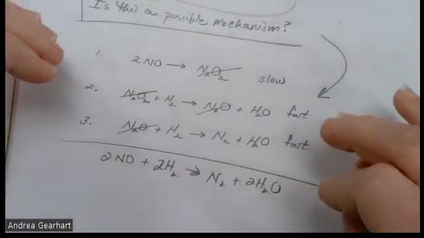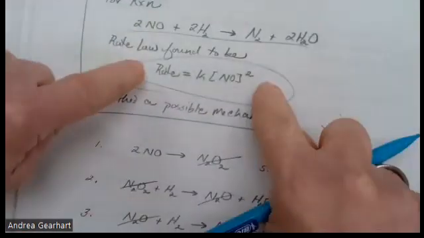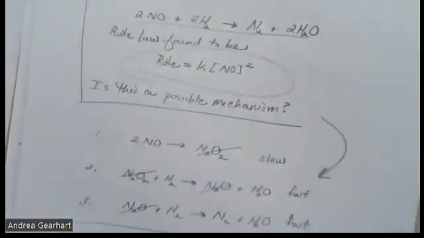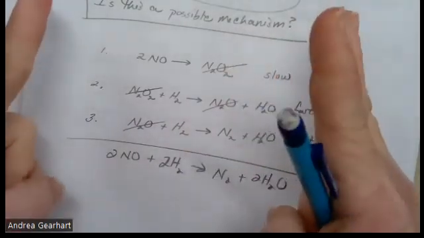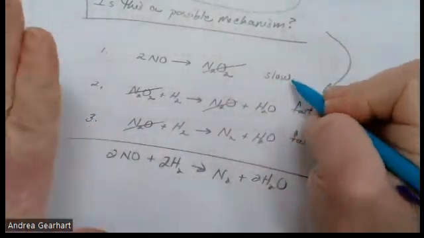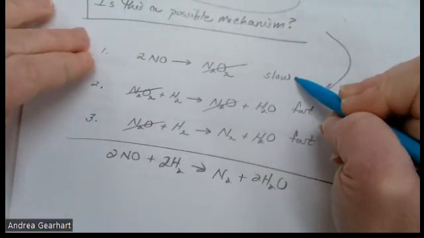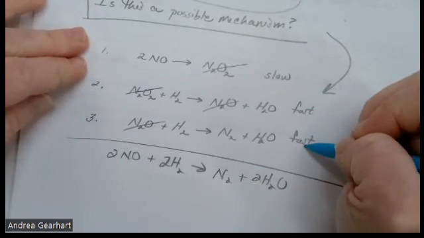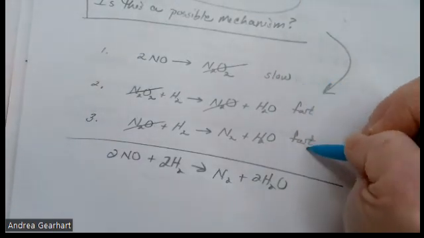Next test. Does the rate law of the mechanism match the overall rate law? One of your steps will be the rate determining step. You will be told the relative speed, and we just use the terms slow and fast.